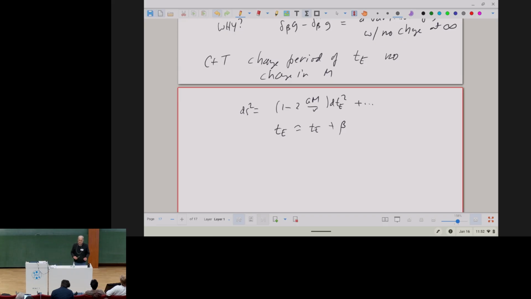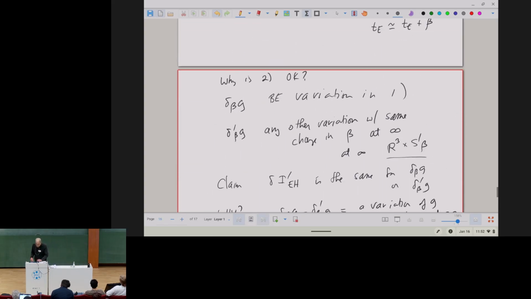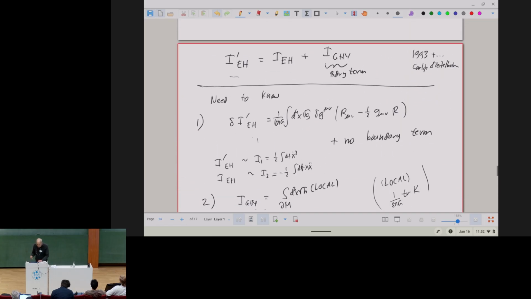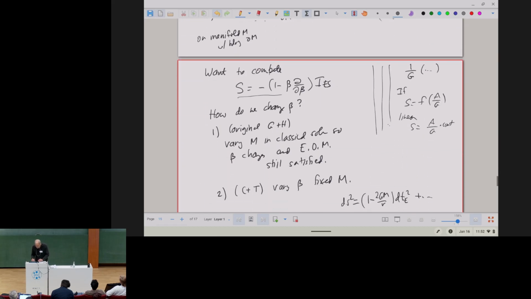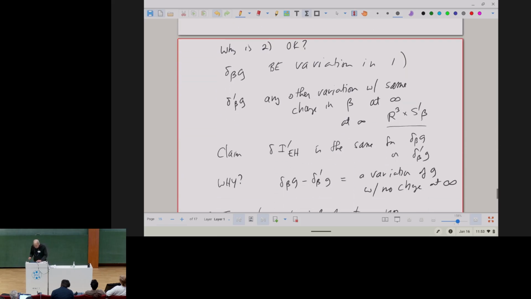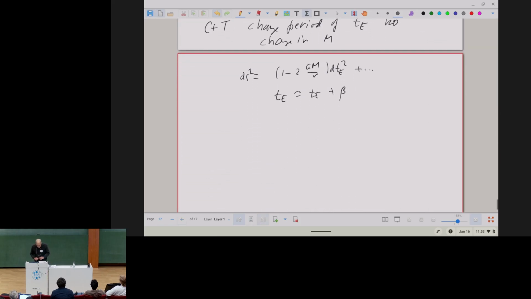Now, these procedures will only give the same change in the metric to first order, because this nice formula that we're using is for first order variations of the metric. But since we're trying only to evaluate the entropy, we only need to know what happens if we change the metric, change beta in first order. So therefore, this procedure is good enough for computing the entropy.